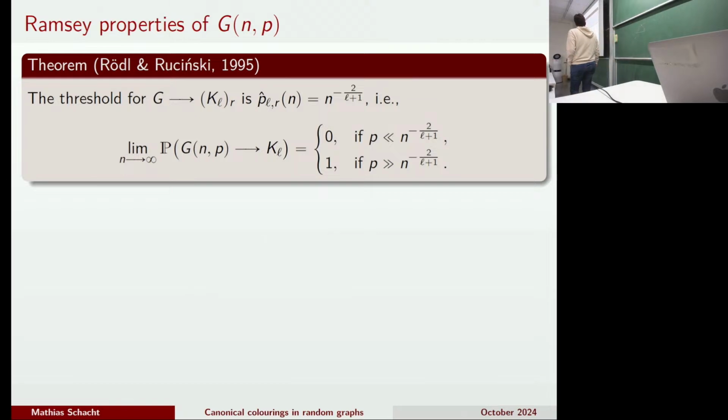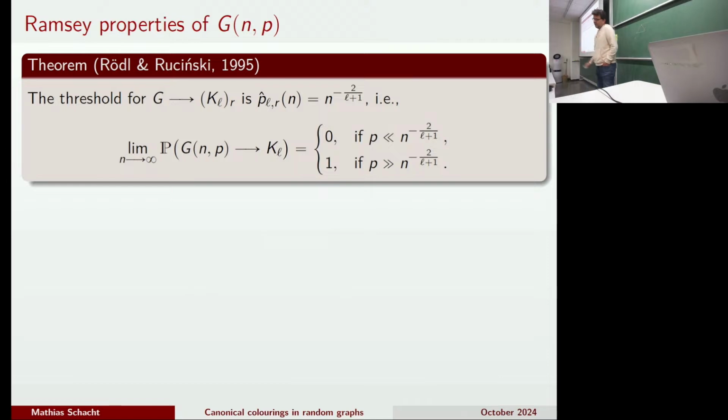I stated it, maybe I forgot to put the number of colors, but it doesn't matter. So if the edge probability is asymptotically smaller than n to the minus 2 over L plus 1, then it is true that you can two-color the edges of the random graph without a monochromatic copy.